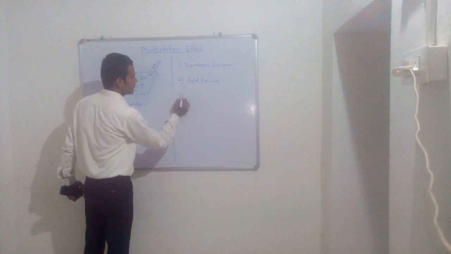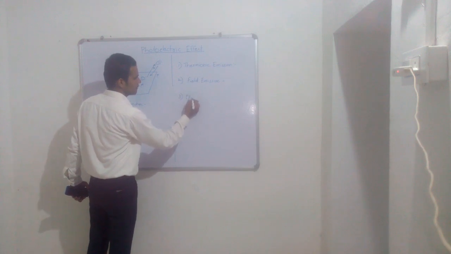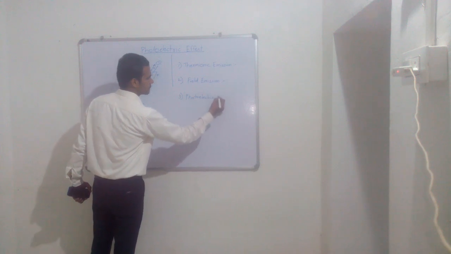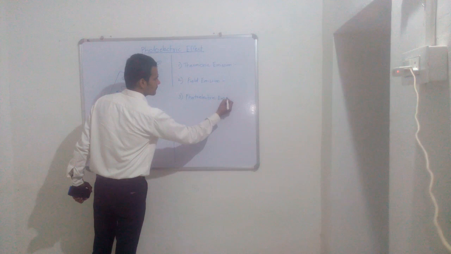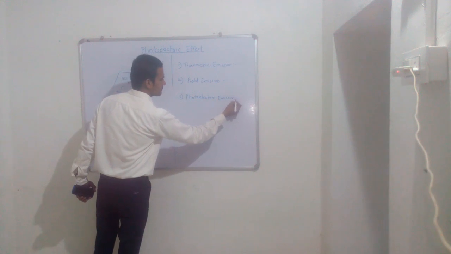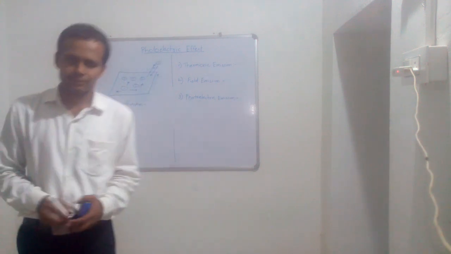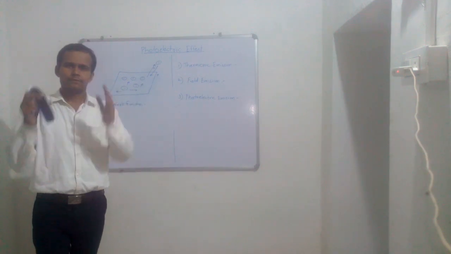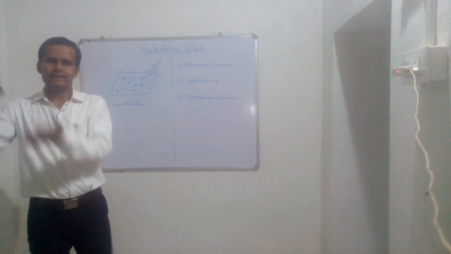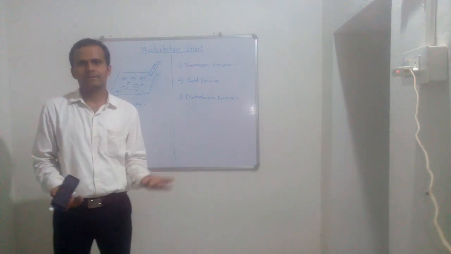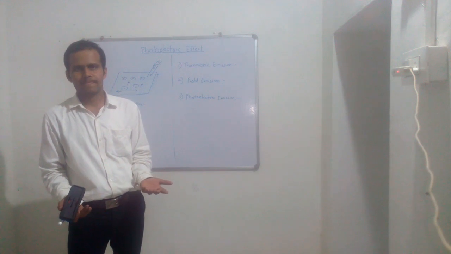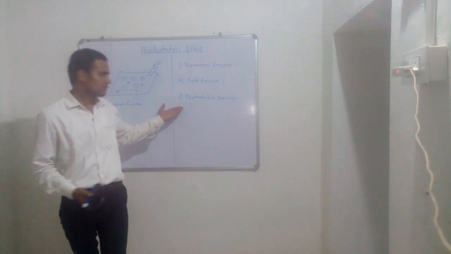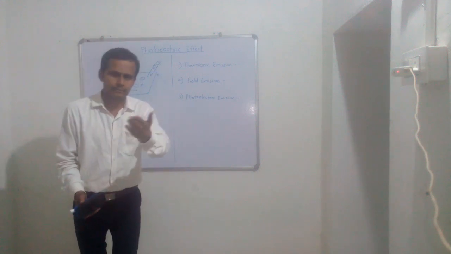And the next one is photoelectric emission. In the case of photoelectric emission, photon energy, or we can say light energy, is used for the emission of electrons, and electrons emitted in this way are known as photoelectrons.